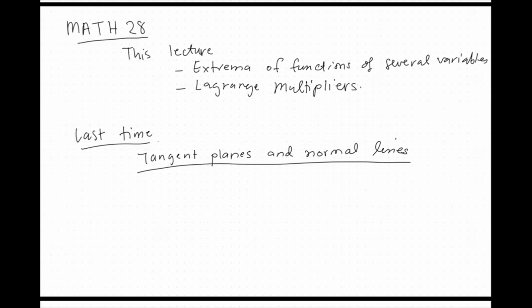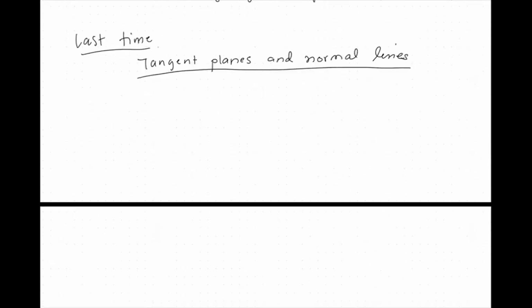So we have tangent planes and normal lines. Let us consider this example. Suppose that you have a surface S defined by z is equal to 6 minus x squared minus y squared.